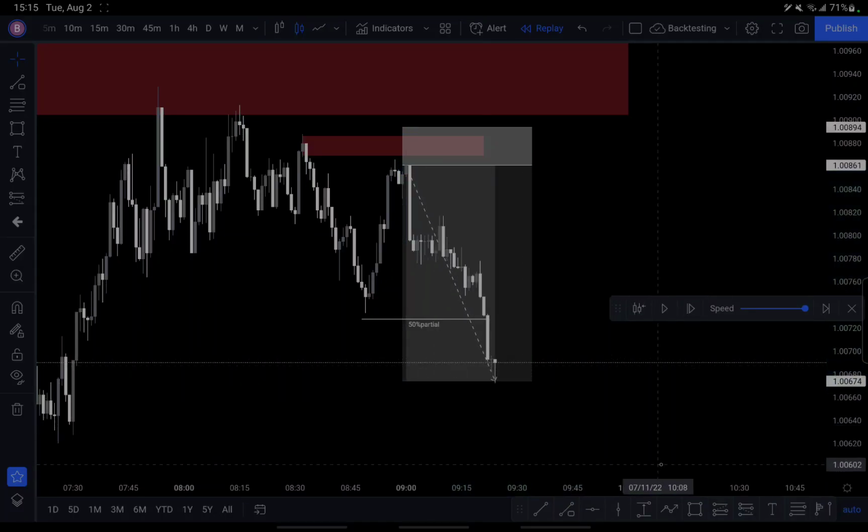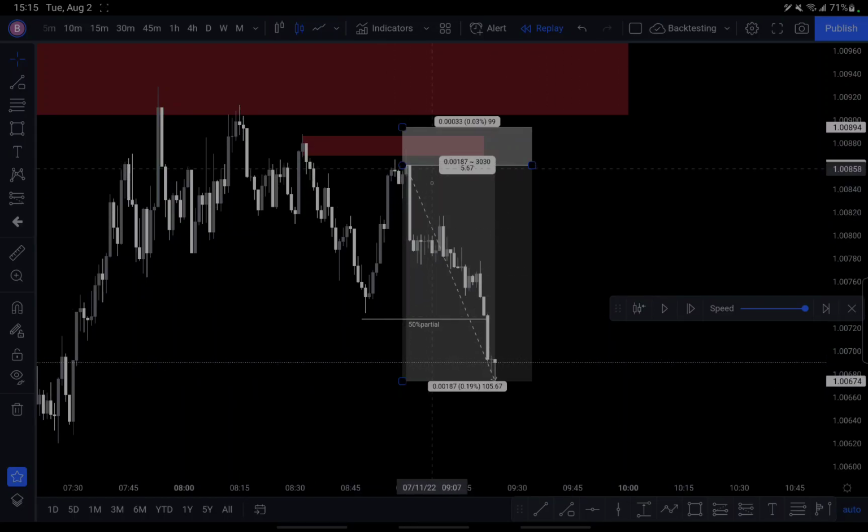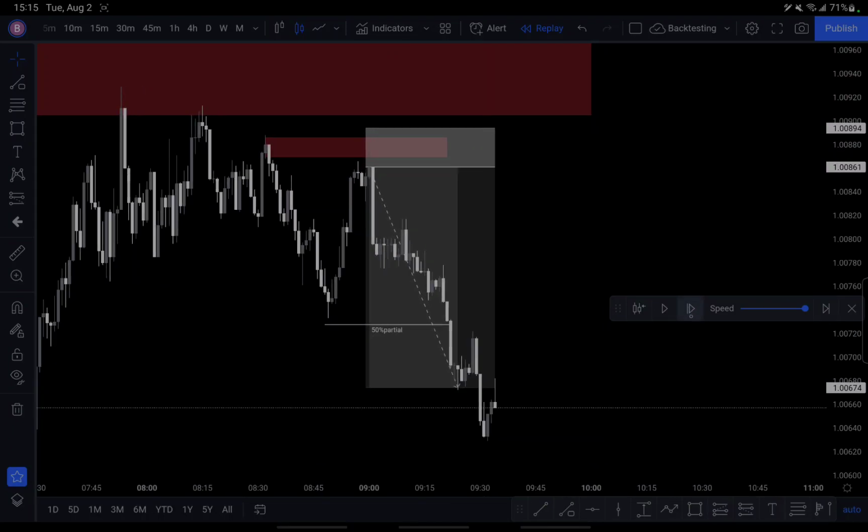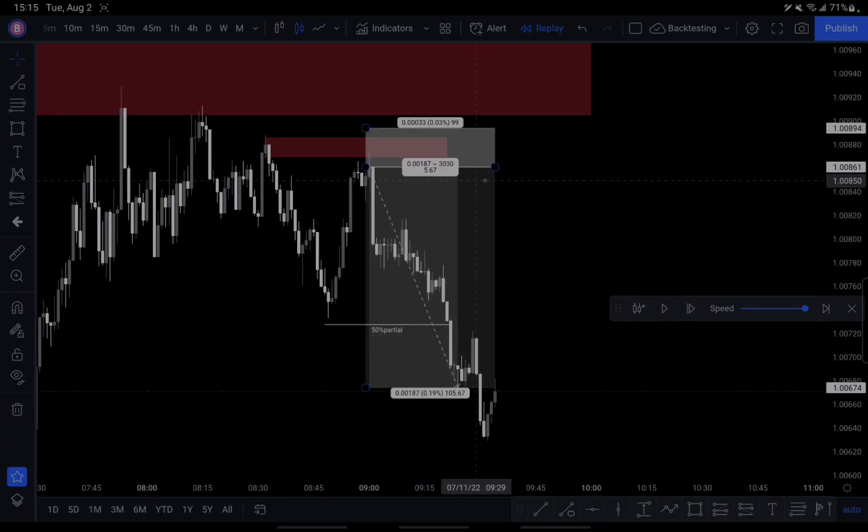And then we'll see how far it runs. Okay, if we create new structure, then I'll move my stop loss to here, so that way we end up in profit. Okay, we're creating new lows.